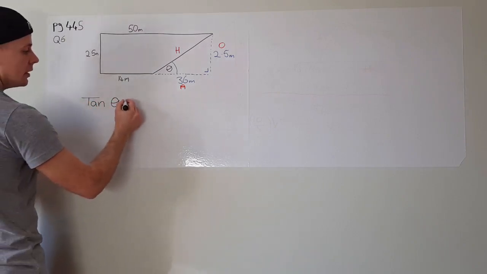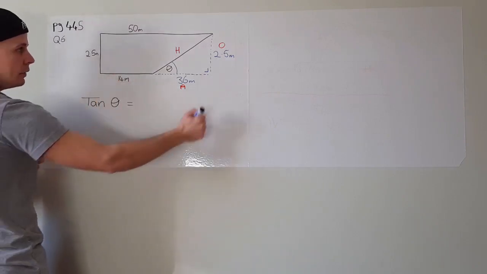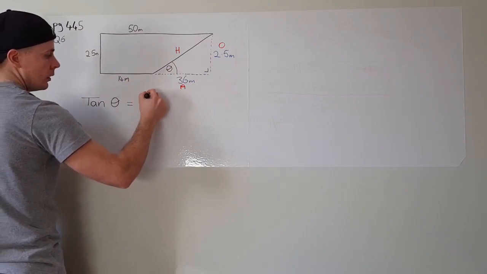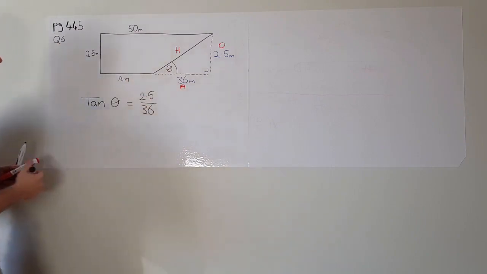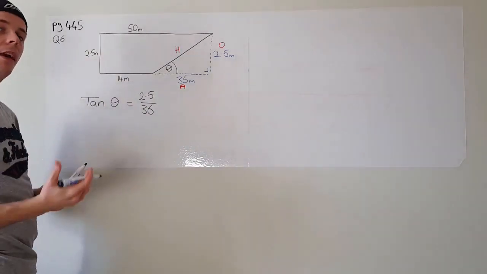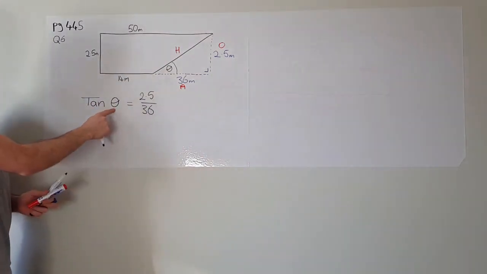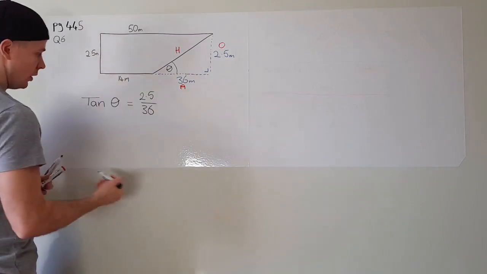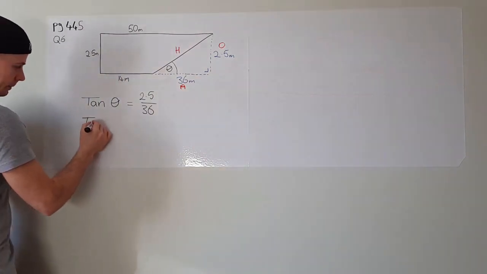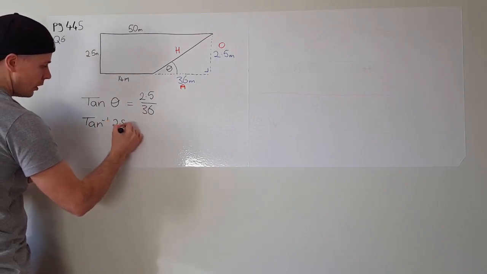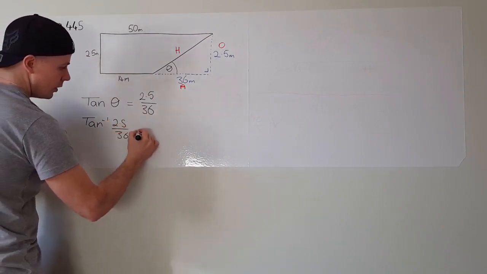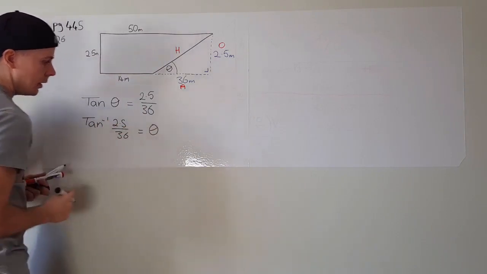So tan of the angle theta is equal to O over A, 2.5 over 36. Again, we want to find the angle. Anytime you're trying to find the angle, we want to think inverse function. So tan inverse of our fraction, 2.5 over 36, will equal the value of theta.